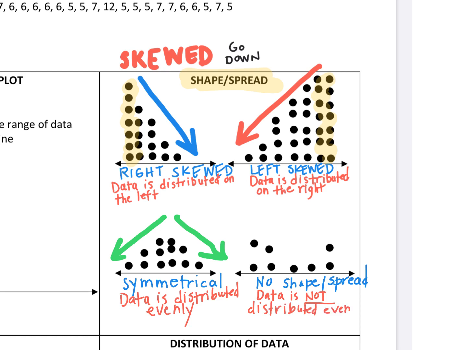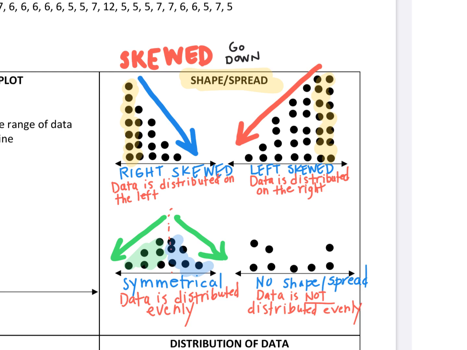So when we talk about how data is distributed, how it's laid out, you can talk about it being right skewed, which means there's less on the right hand side. Left skewed, which means there's not very much on the left hand side. Symmetrical, where it's basically the same on both sides. I could draw a line down the middle, and the left and right sides would pretty much look the same.